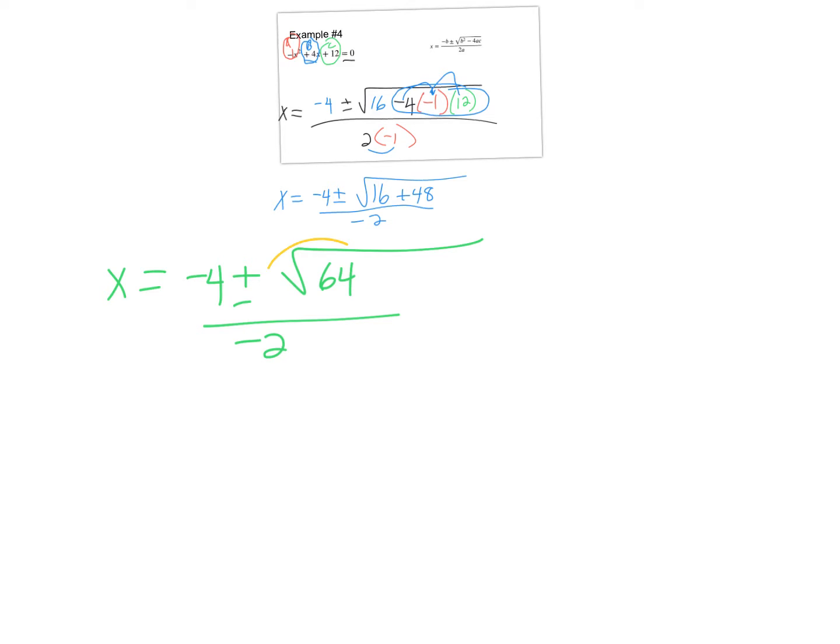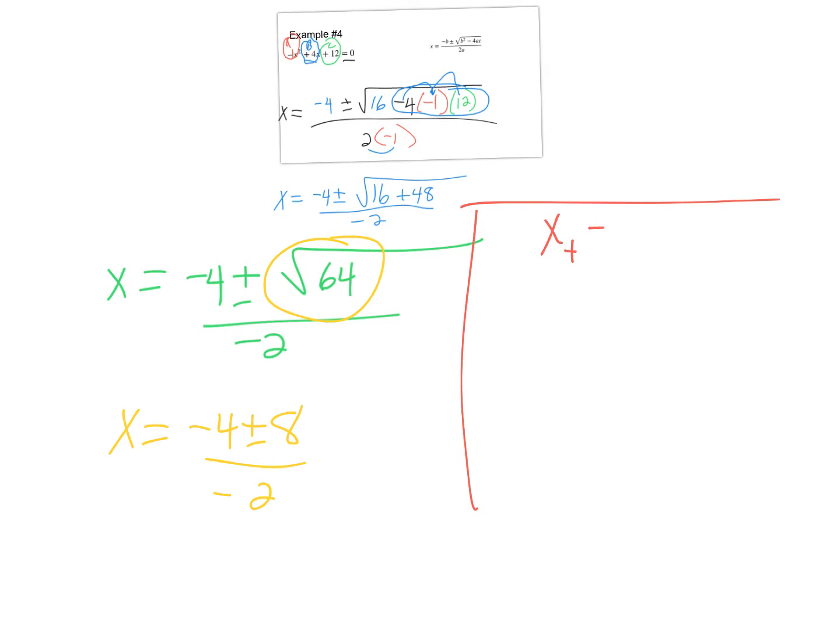Okay, so now let's evaluate. We all know the square root of 64 is 8. So negative 4 plus or minus 8, all divided by negative 2. Okay, so now let's do our positive and negative solution set. So the x positive says we're going to do negative 4 plus 8 divided by negative 2. So negative 4 plus 8 is going to be 4 divided by negative 2, which is negative 2.